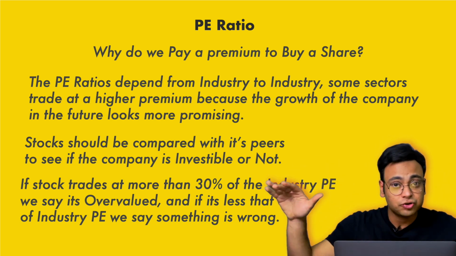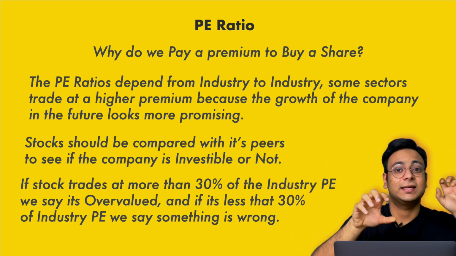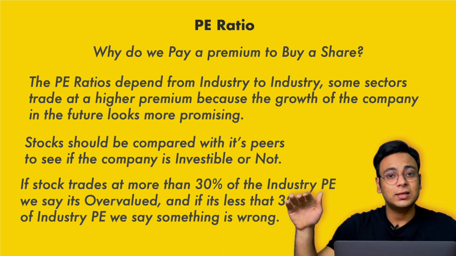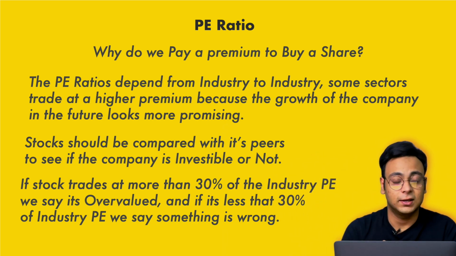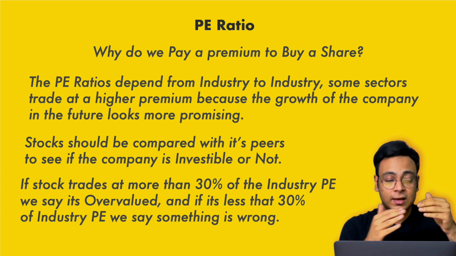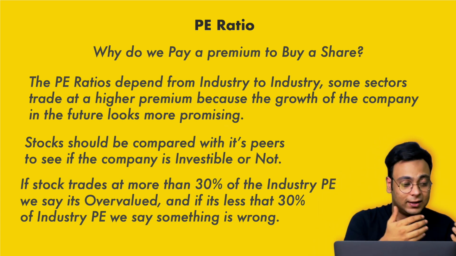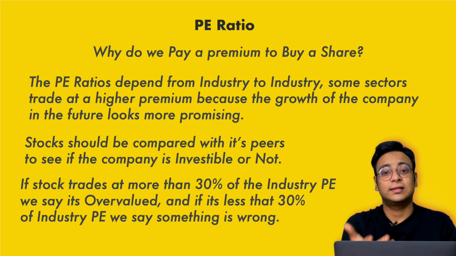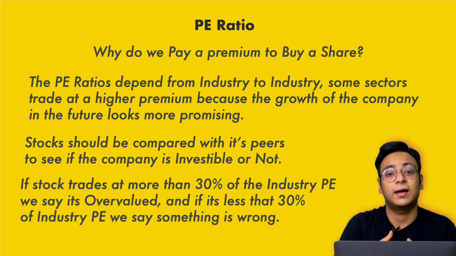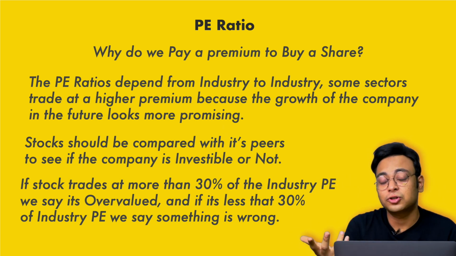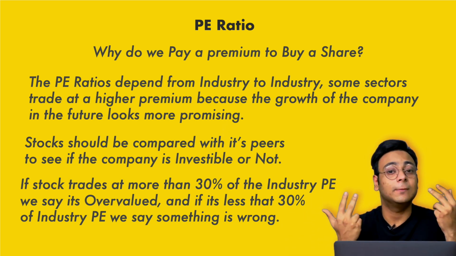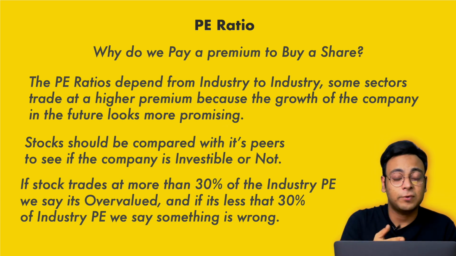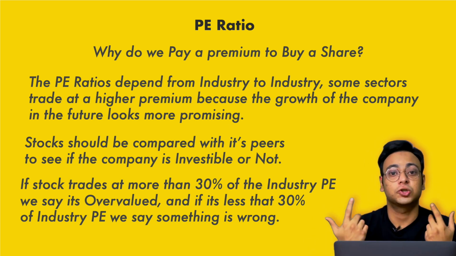For the industry, like TCS, Infosys, Wipro, all these companies' combined PE ratio is called the industry PE ratio. That is at 40. Some sectors, like let's say FMCG, their PE can be around 20, where we see that the growth in the future is not that strong. The companies where growth is stronger, the PE ratio of those companies or those industries will be higher.